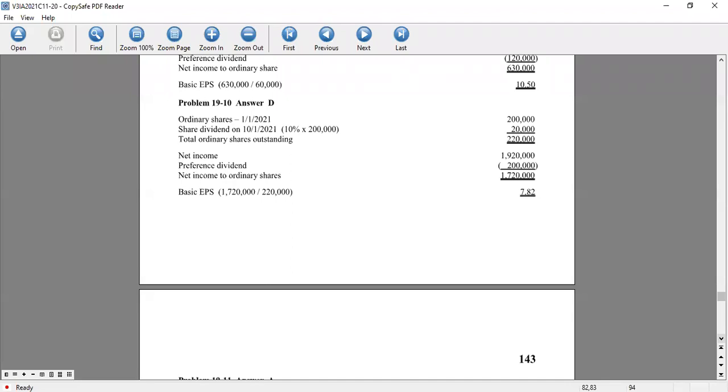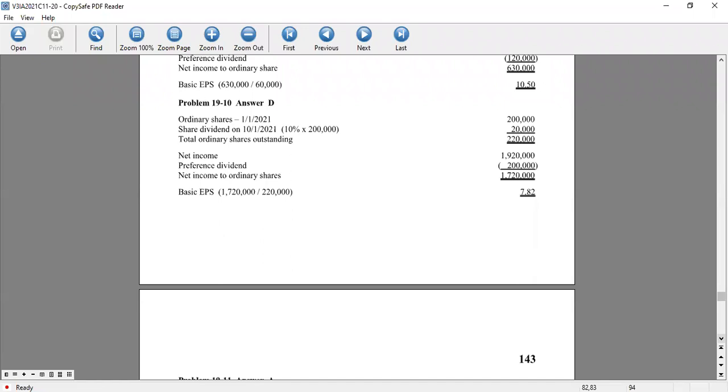So the total ordinary shares outstanding is 220,000. Now take note, what was declared on October 1, 2021 was a share dividend.